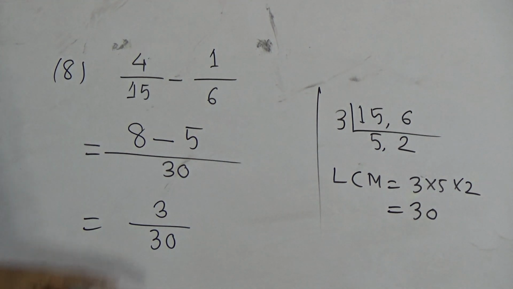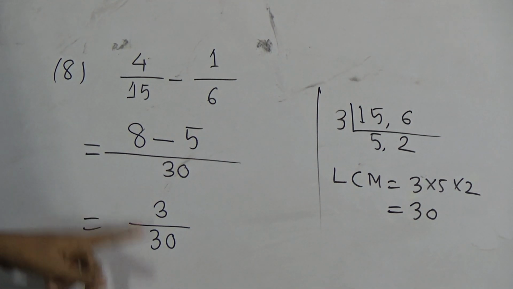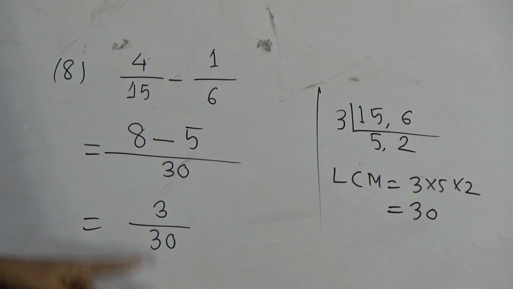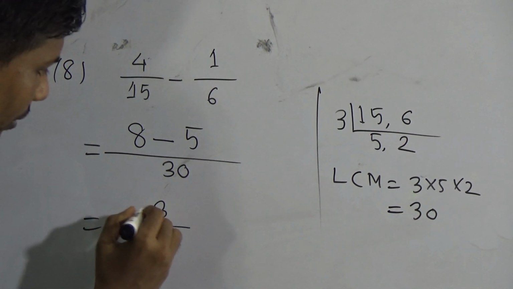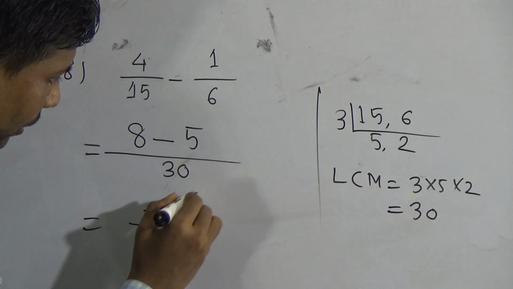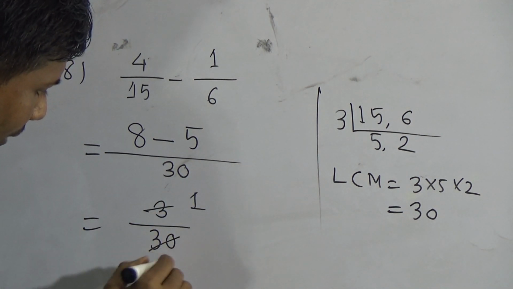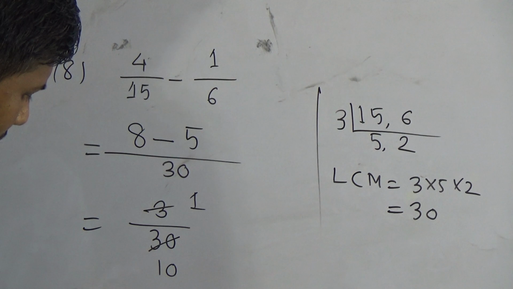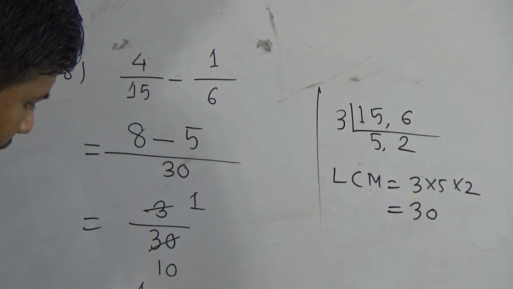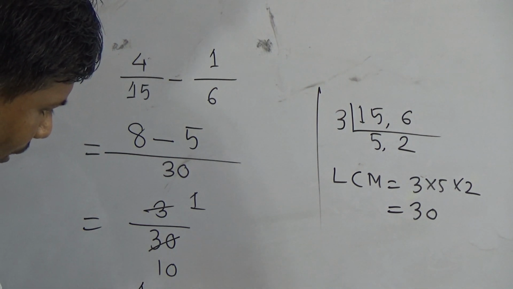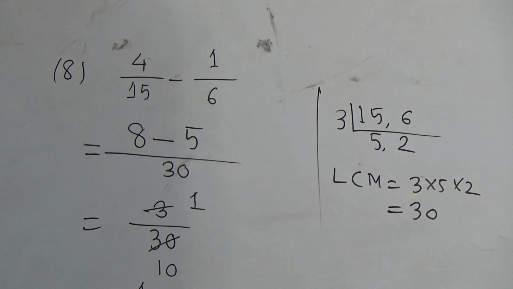Now see, between 3 and 30, 3 is the only common factor. Okay, so divide 3 by 3, then you get 1, and divide 30 by 3, then you get 10. Therefore 1 by 10, and this is the answer.